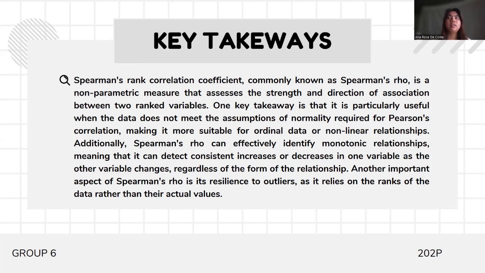One key takeaway is that it is particularly useful when the data does not meet the assumptions of normality required for Pearson's correlation, making it more suitable for ordinal data or nonlinear relationships. Additionally, Spearman's rho can effectively identify monotonic relationships, meaning that it can detect consistent increases or decreases in one variable as the other variable changes, regardless of the form of the relationship. Another important aspect of Spearman's rho is its resilience to outliers, as it relies on the rank of the data rather than their actual values.